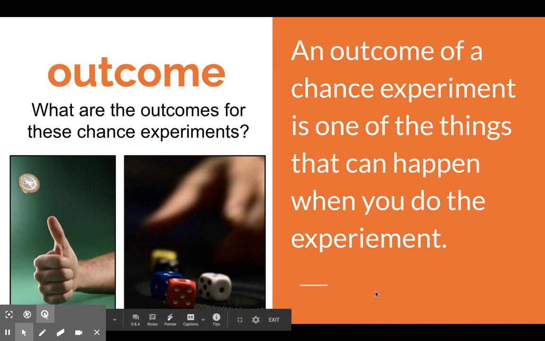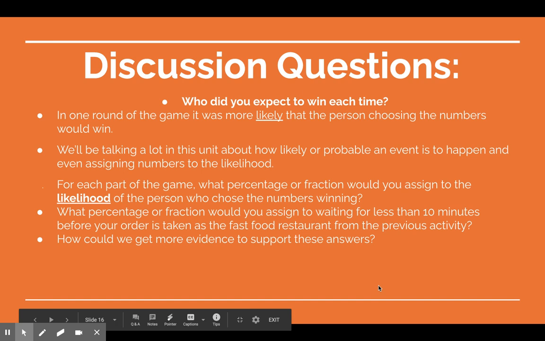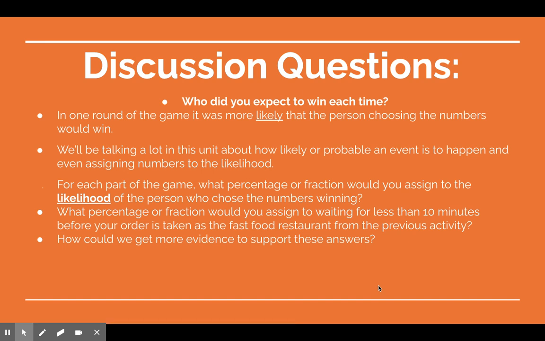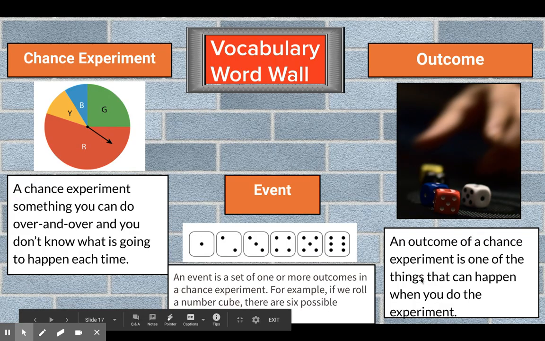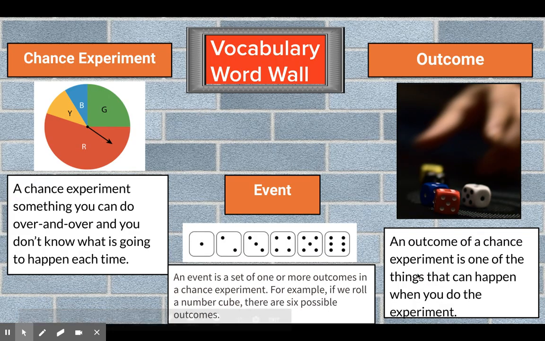All right, let's keep moving. So we're going to address these discussion questions when we actually go over the game tomorrow. But let's look at our word wall. So we have a chance experiment, which we talked about, an outcome. But one thing that we didn't talk about was an event. So I also want us to write down this definition.